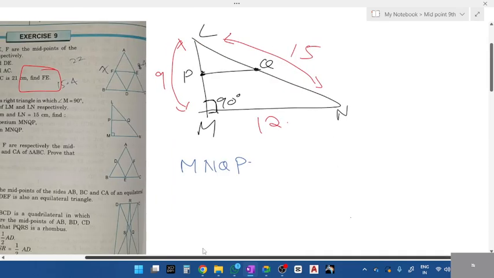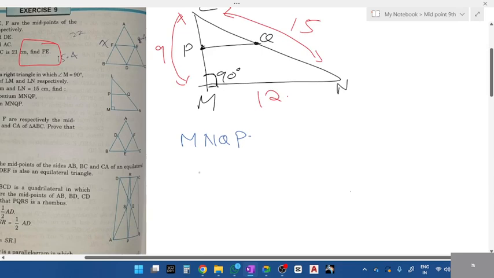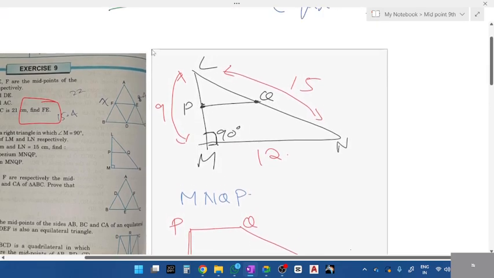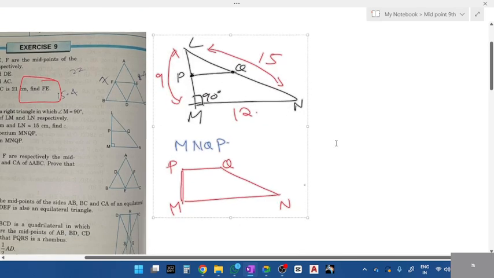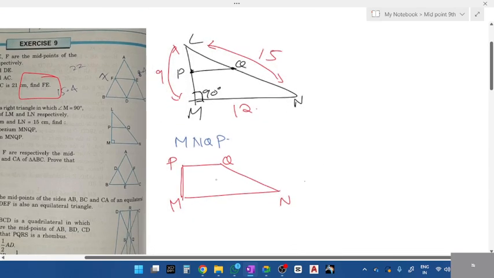Okay, so look at trapezium MNQP. Let me take this out separately. M, N, Q, and P. What do you mean by perimeter, students? What is the perimeter of this trapezium? It's the total outer boundary.